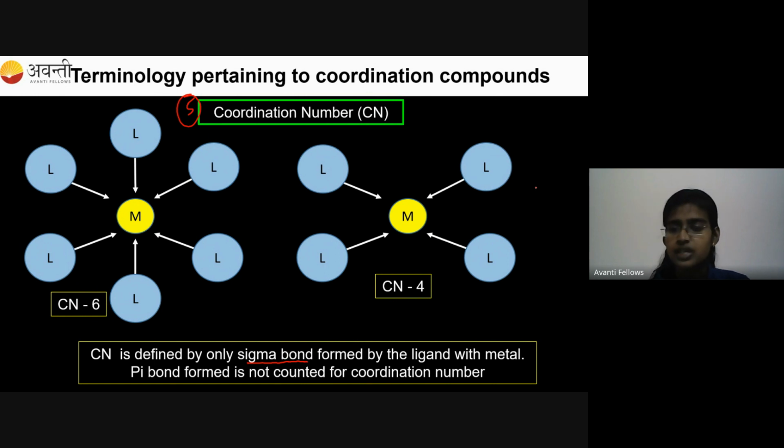There is only sigma bond. So you have to take only the sigma bond count for calculating the coordination number. Okay. Coordination number 6 will be for octahedral and 4 is for tetrahedral and square planar. So in this particular diagram, the geometry is square planar. Got it? So this is about the fifth term, coordination number.